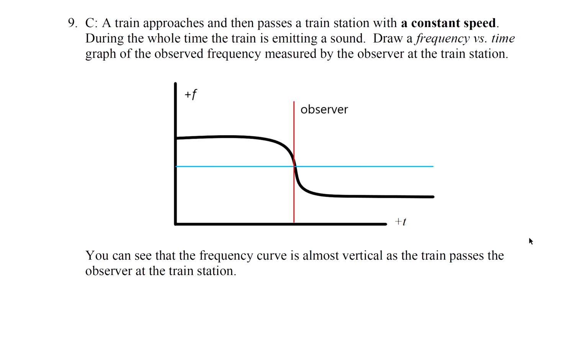So the frequency is a constant when the train has not approached the train station. Once it approaches a train station, it goes vertically down, and then it continues to emit a constant frequency. You see, frequency is constant before and after the train station.